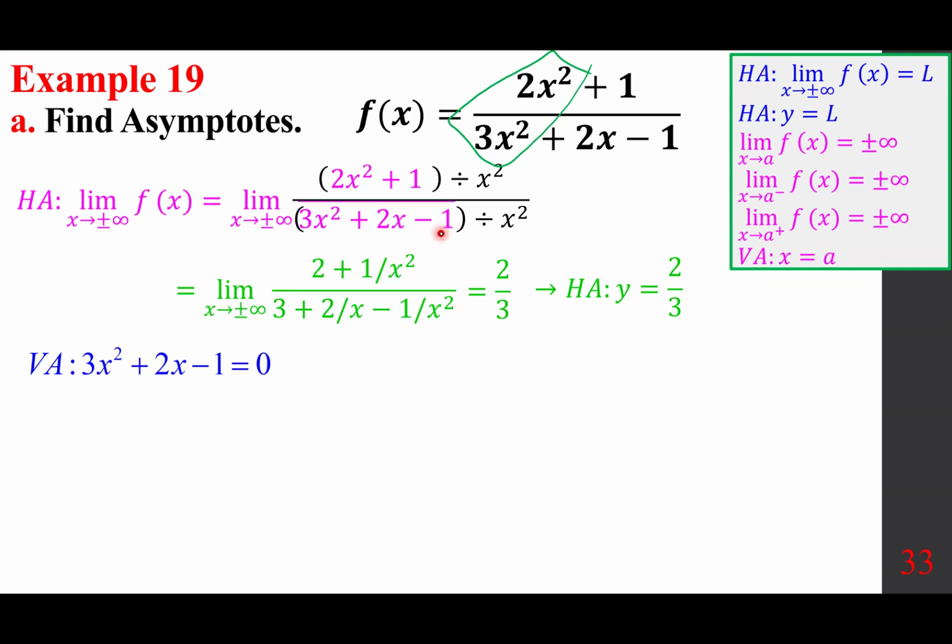And it's an easy factoring because 3 is a prime number, everybody. So 1 and 3, and negative 1, you have no choice but to go with 1 positive and 1 negative. So it's a trial and error. It will do the job. We get the following. This gives us x equals 1/3. This gives us x equals negative 1. And those are the equations of the vertical asymptotes.